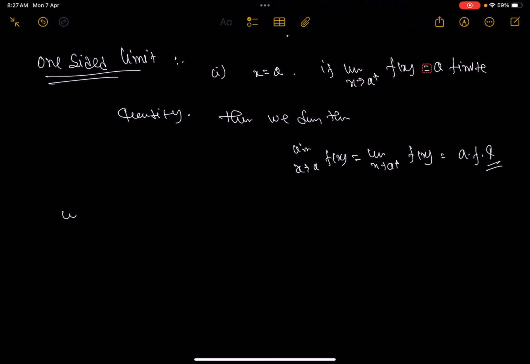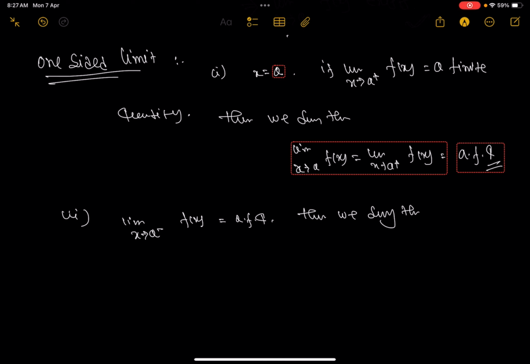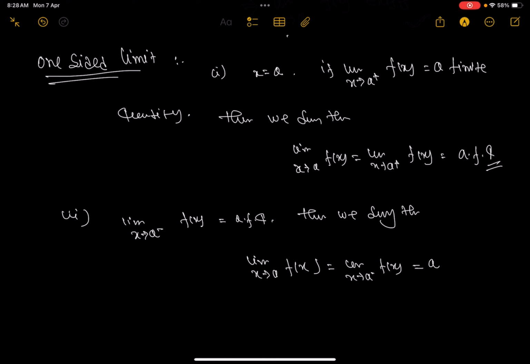Similarly, we can say that if a function is not defined at the right hand limit, but the function is defined in the left hand limit, and limit x tends to a minus f of x equals a finite quantity, then we say that limit x tends to a f of x equals limit x tends to a minus f of x equals a finite quantity.